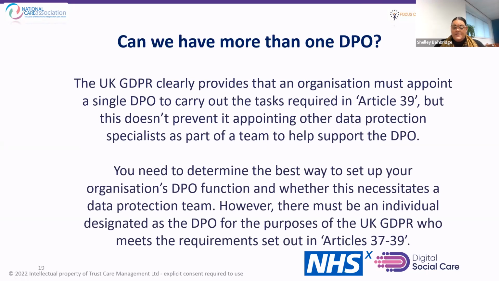However, there must be an individual designated as the DPO for the purpose of the UK GDPR who meets the requirements set out in Articles 37 and 39. All this is around your reporting, making sure that there is clear contact to the ICO for any breaches, for any reporting, and making sure that audits and accountability are clearly defined within that team.